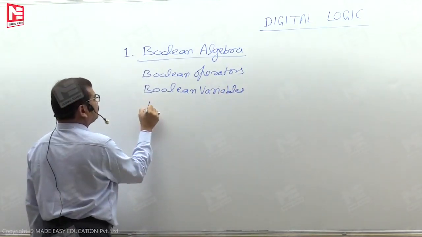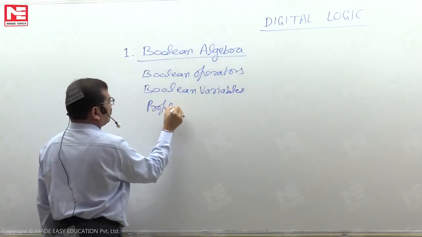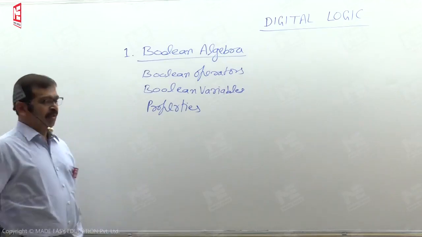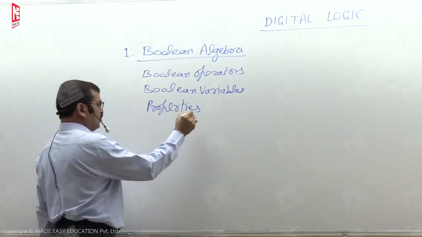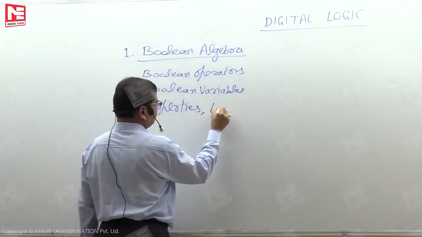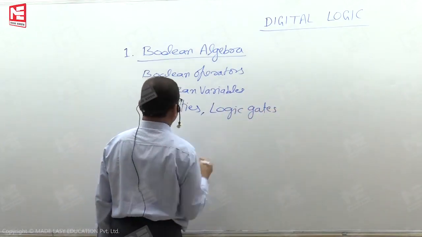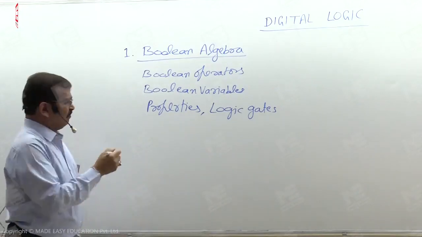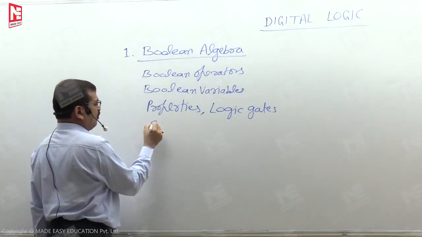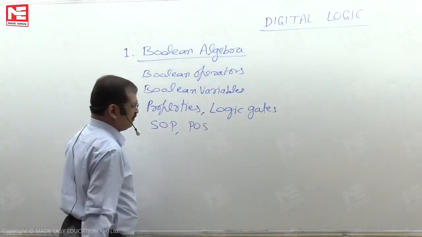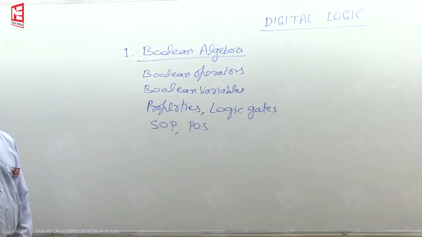We'll be looking at properties of these Boolean operators, and we'll be looking at logic gates. We need to learn how to develop a sum of products expression or a product of sums expression using a truth table, or vice versa.